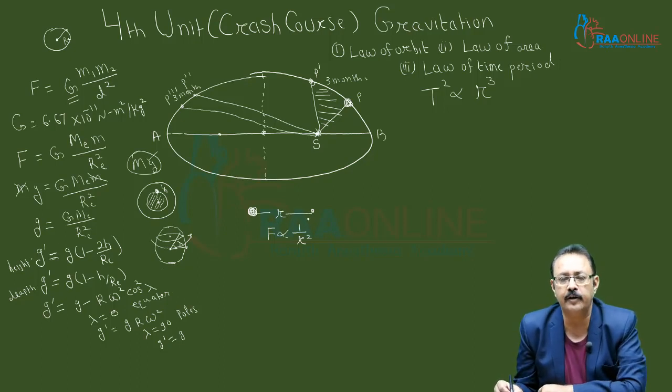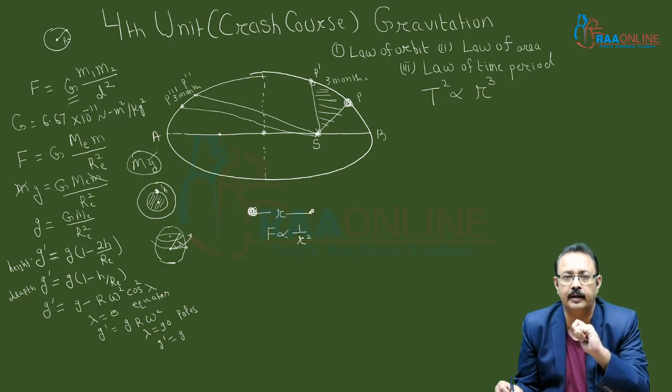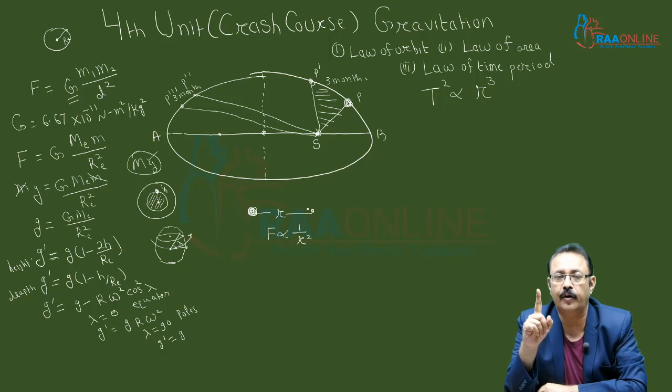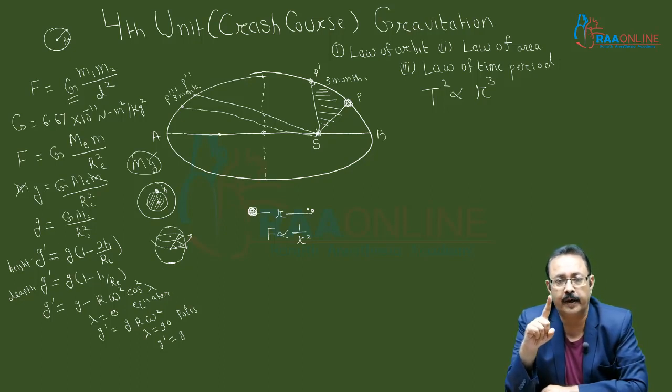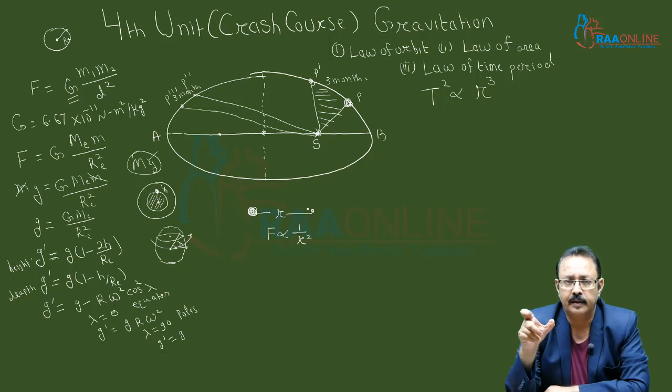So in a gravitational field, you can calculate the intensity of the gravitational field just like the intensity of a magnetic field or of an electric field. You can calculate gravitational potential like electrical potential or magnetic potential. The definition is almost the same, only in place of unit pole or unit charge, you have to say unit mass.